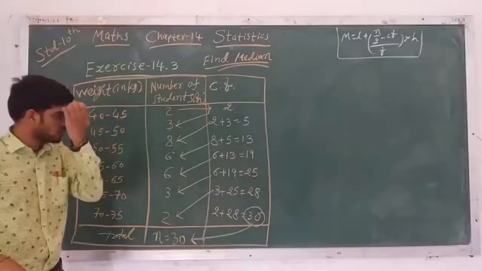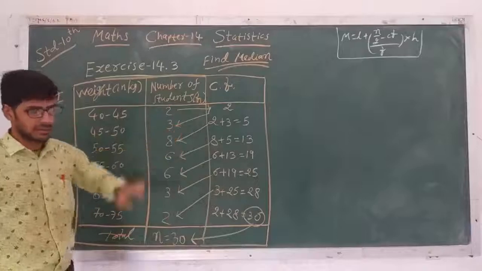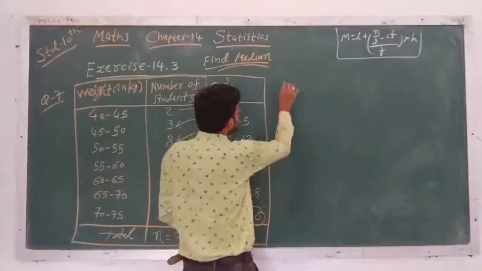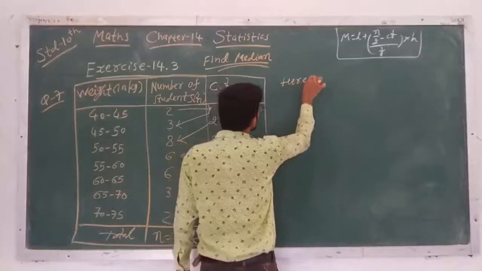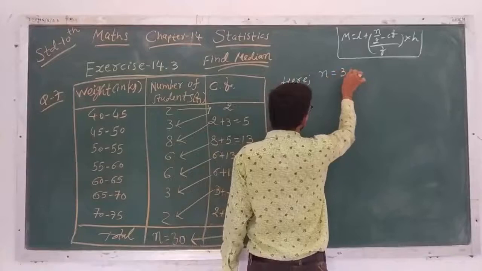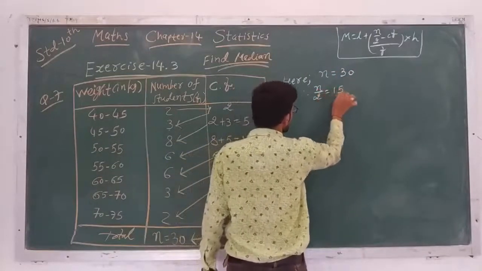So how to find? First of all, we have to find the median class. So how to find the median class? We have to write here n is equal to 30. Therefore the value of n by 2 is equal to 15. Okay.